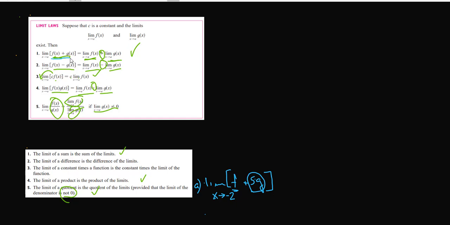It says that we can write it as the limit of the first plus the limit of the second. So it's equal to the limit of f plus the limit of this other one, 5 times g, like this.